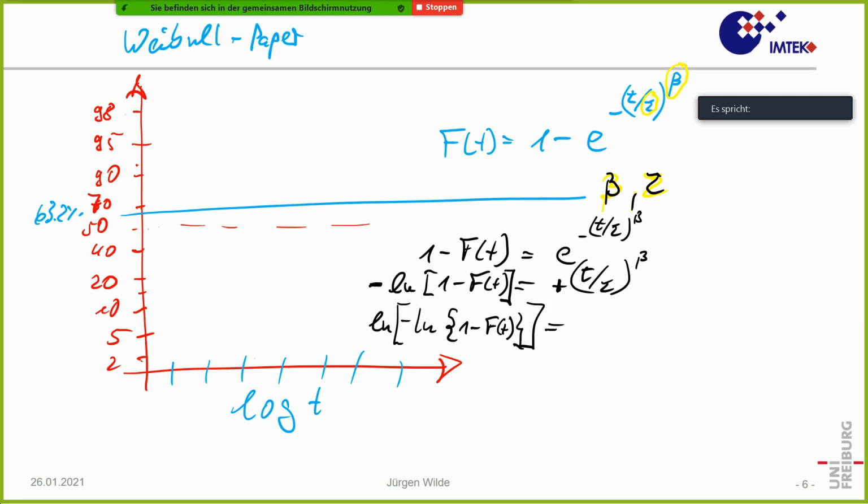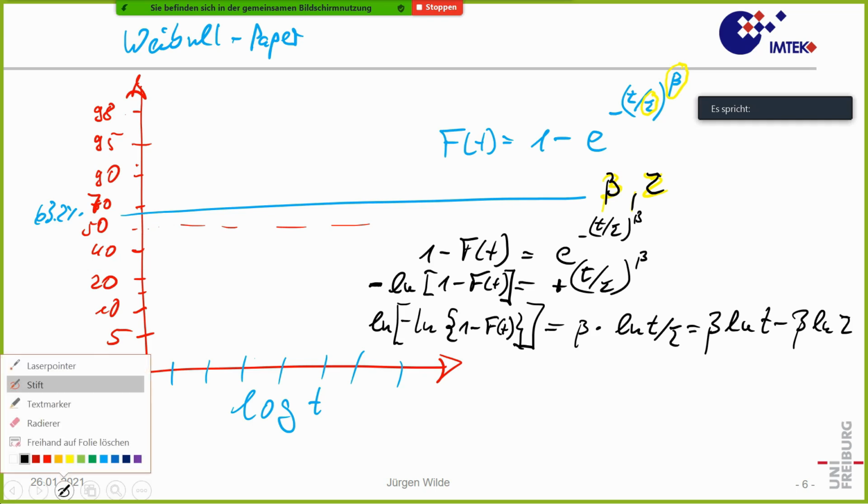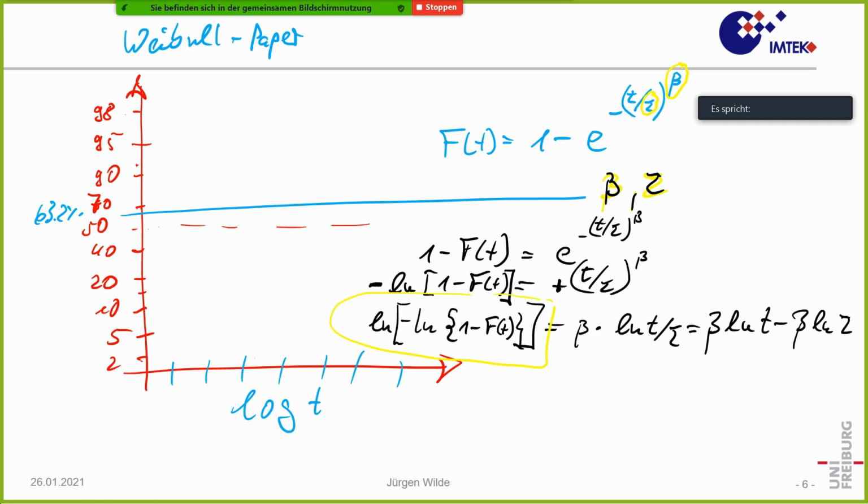times logarithm of time minus beta times logarithm of tau. And beta times logarithm of tau is just a constant value, and the beta alone gives us the slope when we plot that double logarithm against logarithm of time.